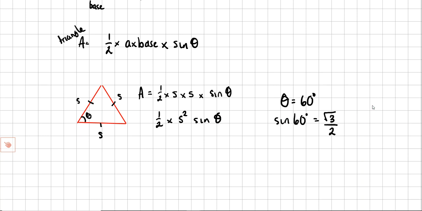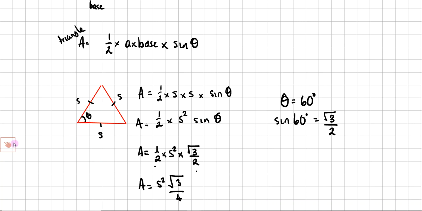Special triangle, yeah? So then if I put that in here, I've then got the area is actually 1/2 of S squared multiplied by root 3 divided by 2. And if I combine the fractions, what do I get? Exactly, root 3 over 4. All right, so that's that one.